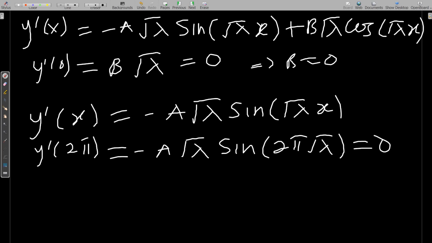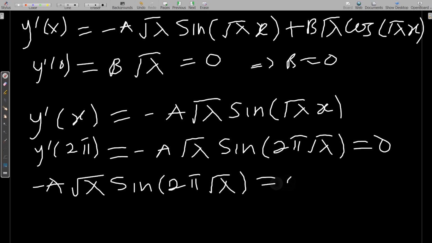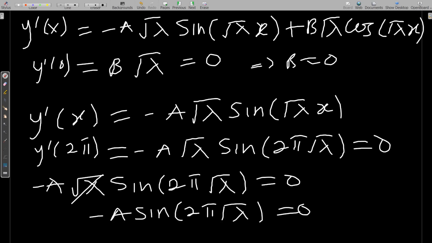We are saying that this is equal to 0. Now, if I divide through by square root of lambda, this side will go, and 0 over that will give you 0. So we have sine of 2 pi square root of lambda equals 0.